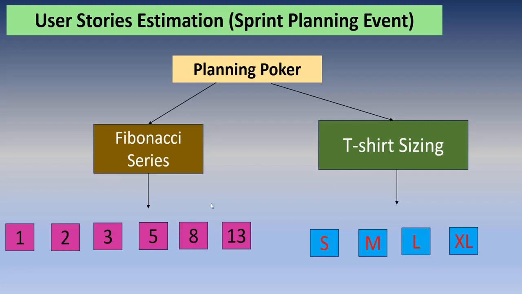Why? Because we are not going to estimate each and every user story, which means a requirement in general, in hours, like to complete this it will take 10 hours, 15 hours, or maybe 20 hours. We cannot do that, because sometimes we may remove user stories, and in the same sprint we will replace that user story with another one based on priority or customer feedback.